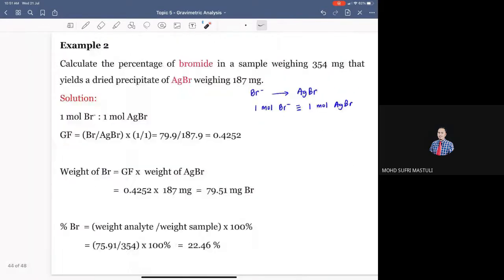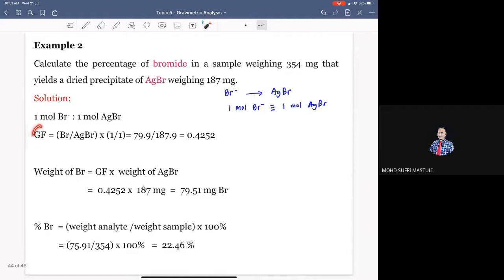So using the gravimetric factor, you can calculate the gravimetric factor as I show in this slide. You just follow, so you can calculate the gravimetric factor of this gravimetric method, and then from the gravimetric factor, you know the mass of analyte, mass of precipitate, so you can calculate the mass of Br.